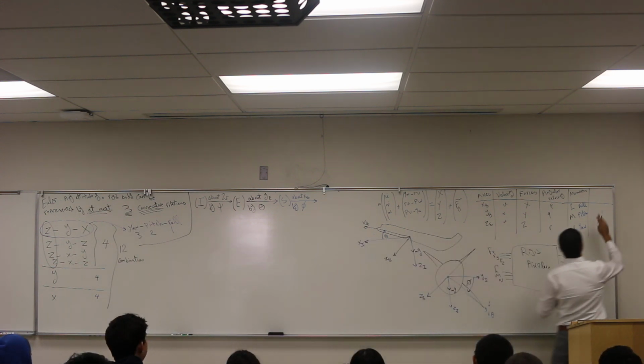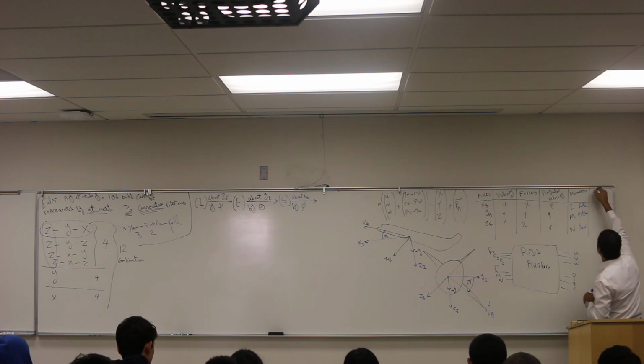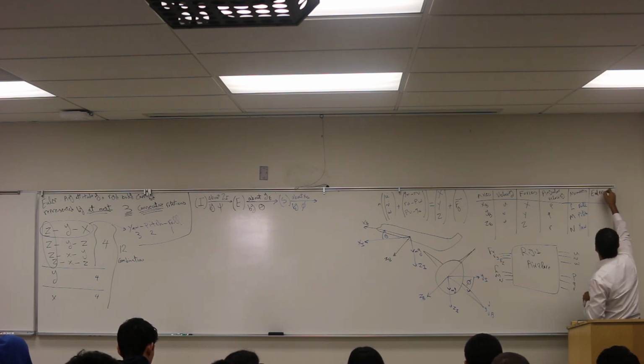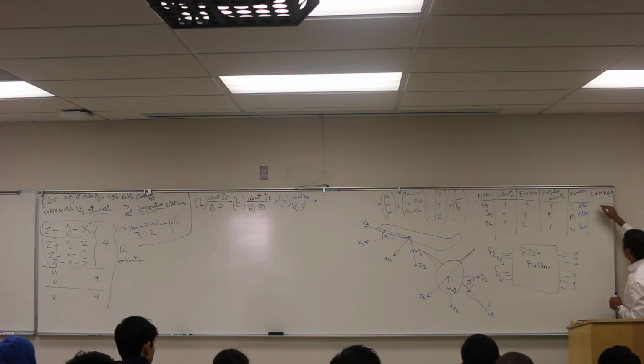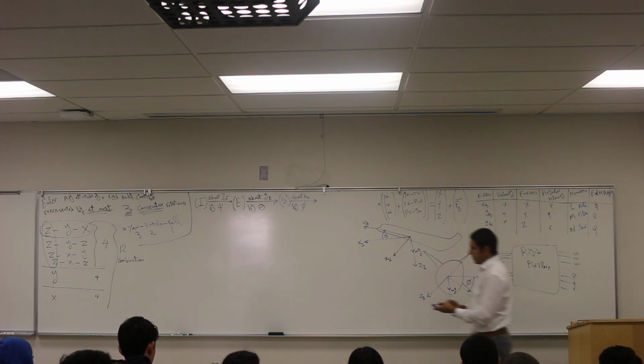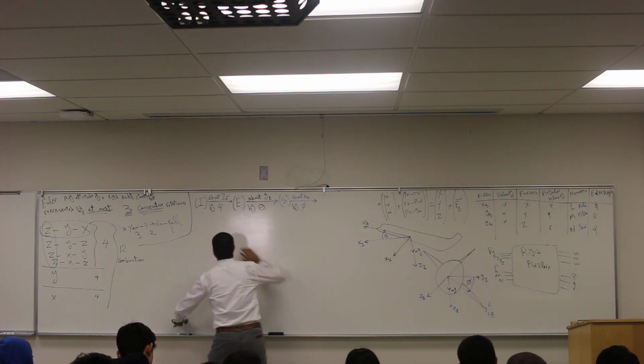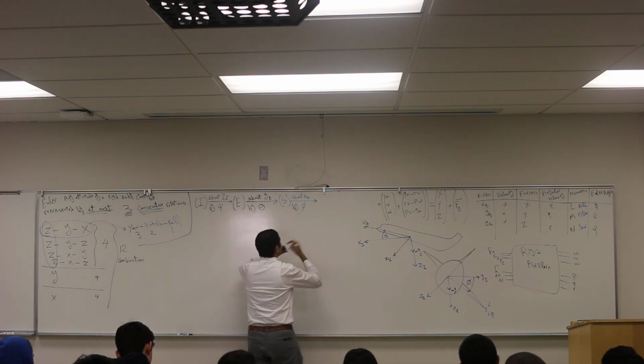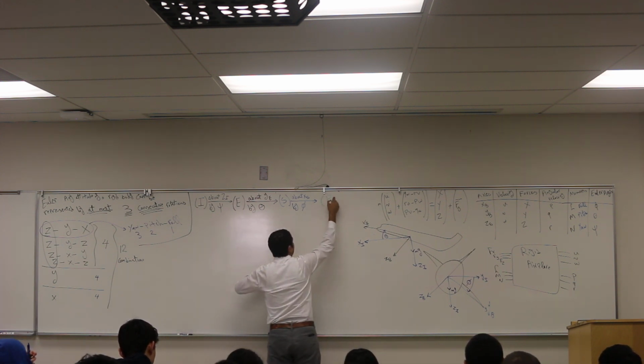So I will add this column, Euler angles. The roll angle is phi, the pitch angle is theta, the yaw angle is psi. So when I do the 3 rotations, finally I arrive at the body frame.